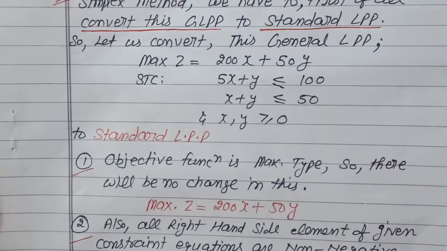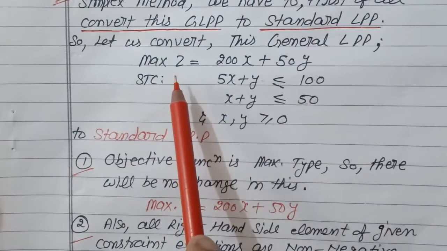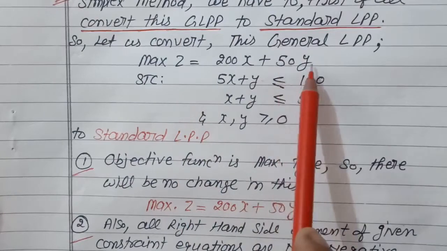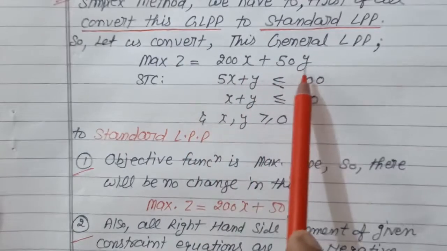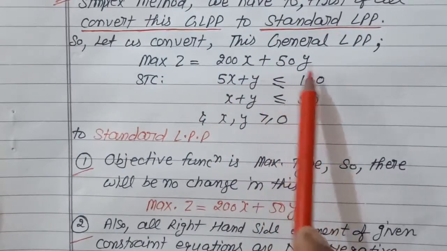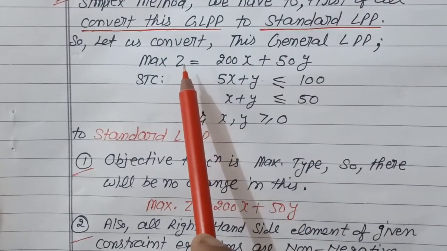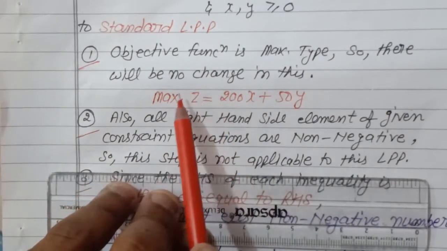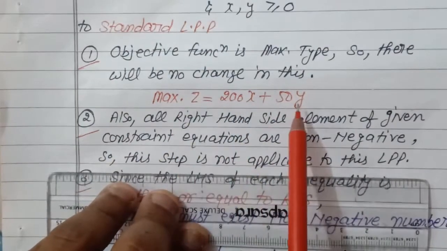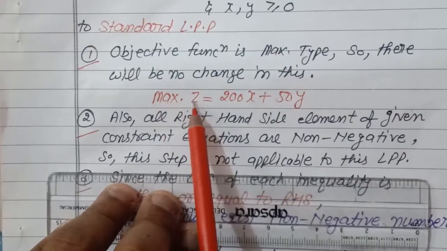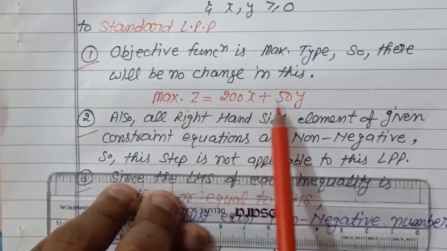Now in this question you will see that the given objective function is of maximization type. So our first condition is already satisfied, and we don't have to change this. Initially our objective function will remain as it is, that is maximize Z equal to 200x plus 50y.